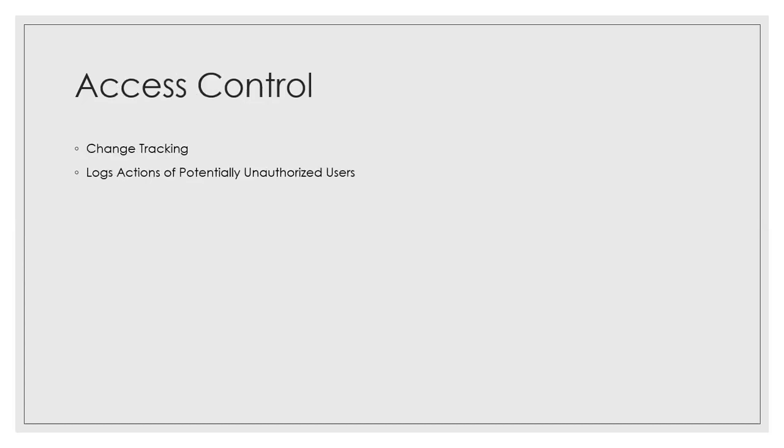Okay, so access control. One aspect of access control is change tracking. Simply what this does is track various changes within the database. The changes are logged, so that we can potentially see unauthorized users.